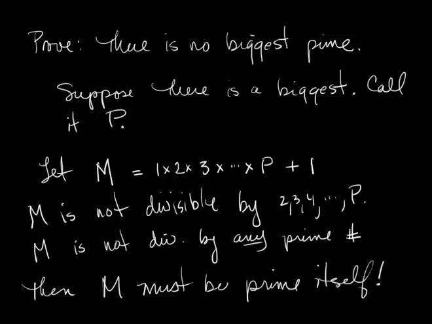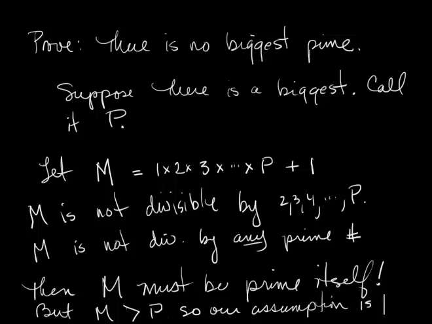But M is a whole lot bigger than P. So our assumption that there is a biggest prime is incorrect, is false. Therefore, you can say there is no biggest prime, which means that the set of prime numbers is infinite.